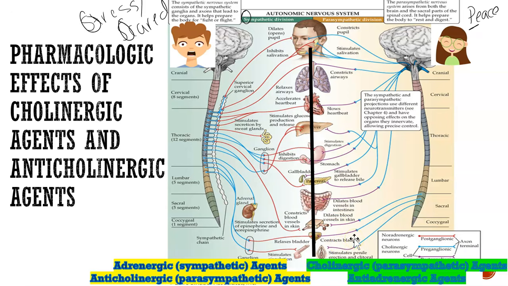So the reason why I'm telling you this is because there are drugs that help you or mimic these type of symptoms, and then there are drugs that help you or mimic these other symptoms. So for example, what if I had a very dry mouth, and I need more saliva?